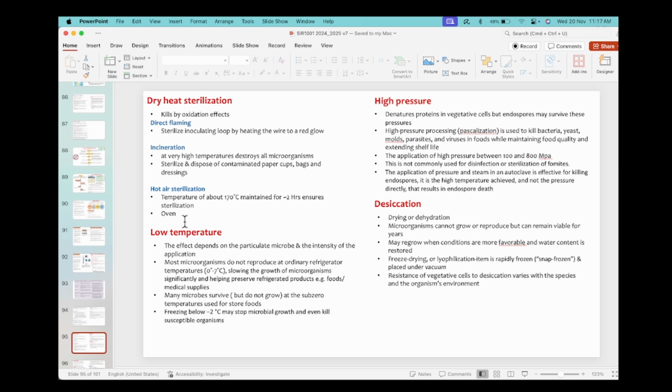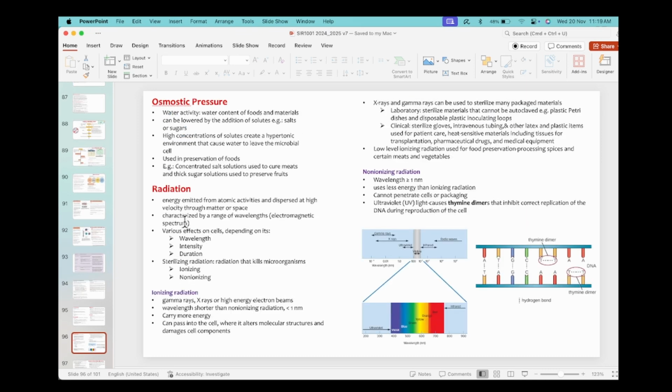You increase the temperature, you increase the pressure, to kill. So steam and pressure, only that can kill. And the pascalization we're talking about is high, 100 to 800 megapascals.